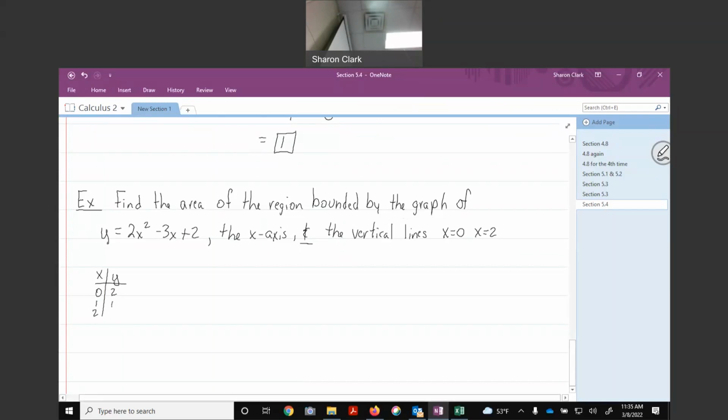When we plug in 2, that's 8 minus 6 is 2 plus 2 is 4. At 0, we get 2. At 1, we get 1. At 2, we get 4.